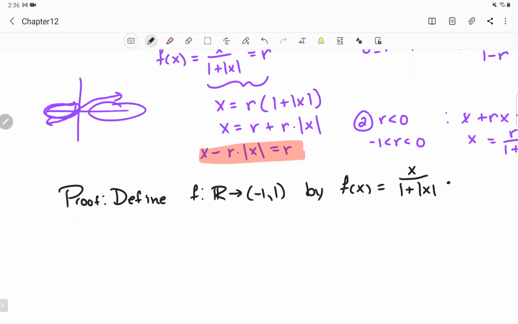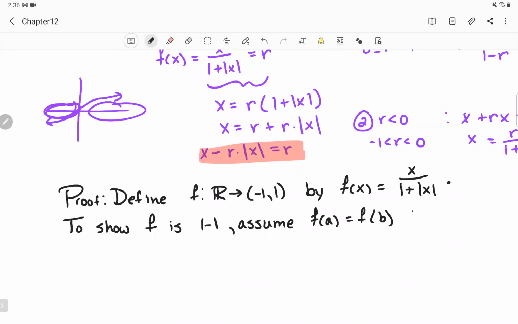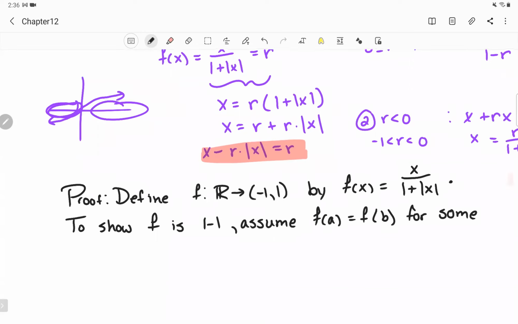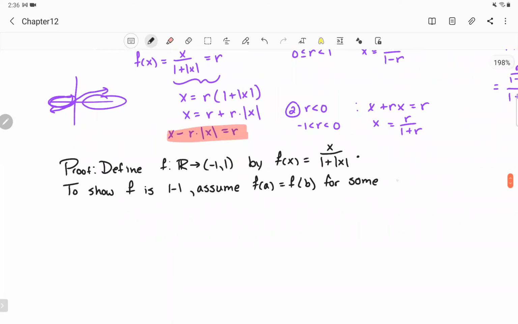All right, so to show f is 1 to 1, assume f of a equals f of b for some a and b in the reals, because that's my domain. So for some a and b in the domain.